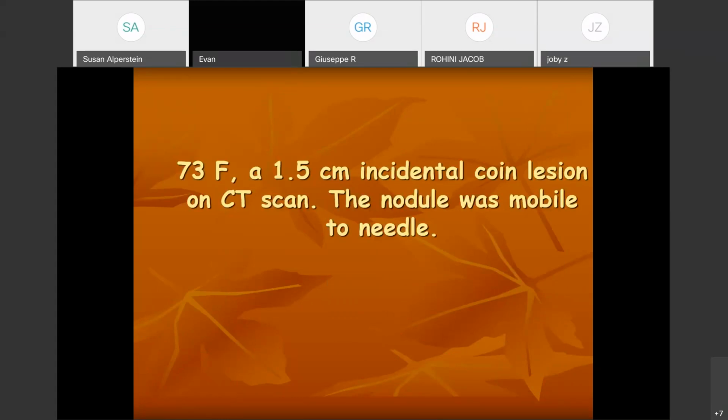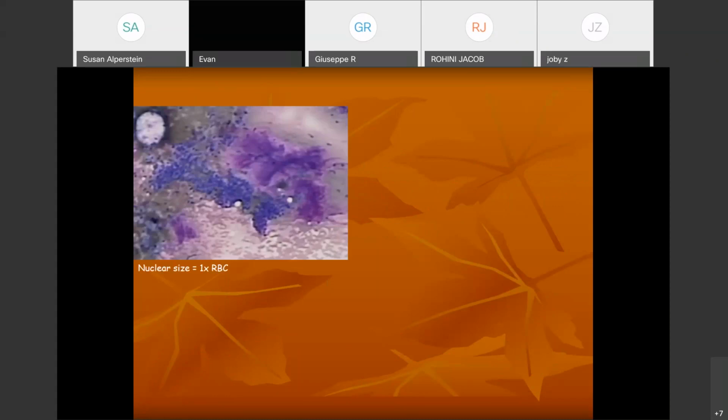73-year-old woman, incidental coin lesion. And the radiologist says the nodule is mobile to the needle, bouncing back and forth. That's a big clue. And then Diff-Quik shows the nuclear size of 1, same as red blood cell.